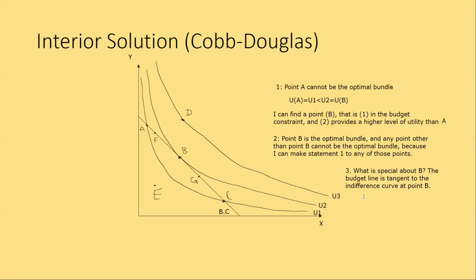Instead of saying what is special about point B, I should have said, what is special about the optimal bundle? Well, the budget line is tangent to the indifference curve at point B, which is the optimal bundle over here. And cross this out. All right.